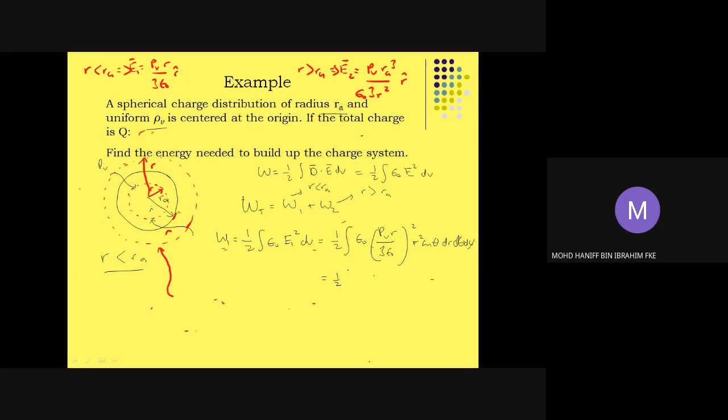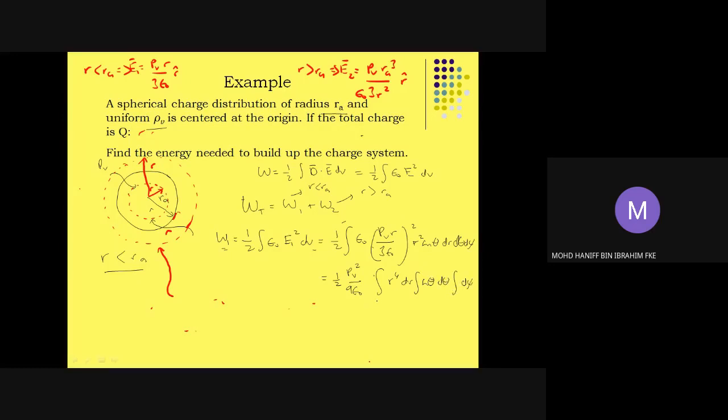We can simplify based on the squared value, so that will be rho v squared divided by 9 epsilon naught, with the integration of r to the power of 4 dr, the integration of sine theta d theta, and the integration of d phi.